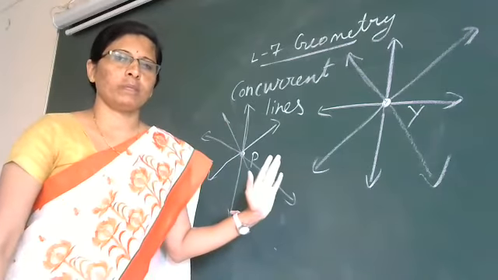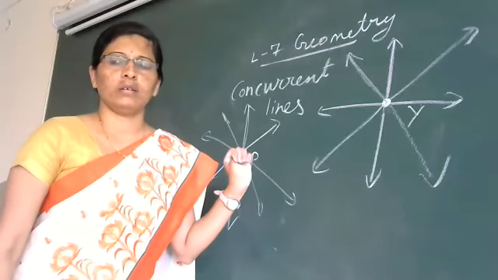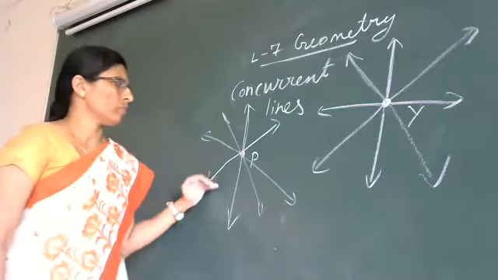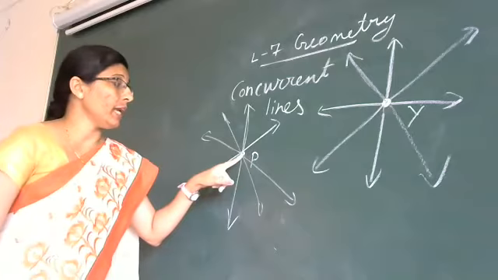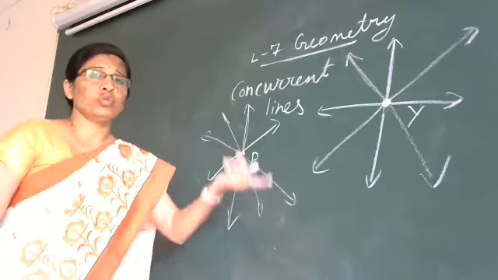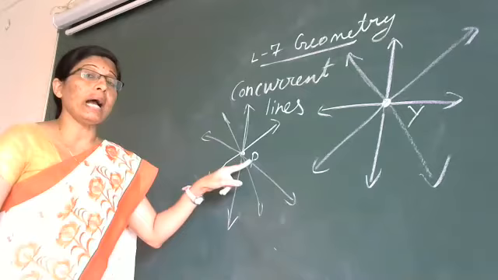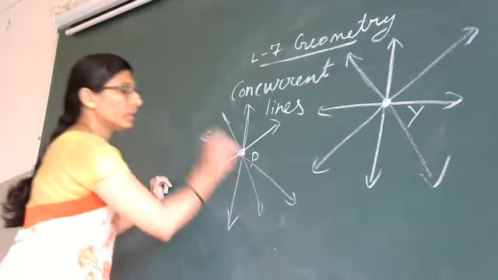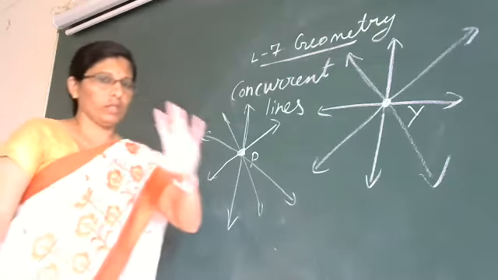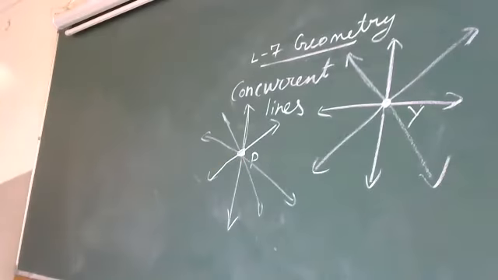P is a point. You can name these lines by different small alphabets. From one point, many lines are going. You understood concurrent lines? Yes, ma'am. Okay. Now next.